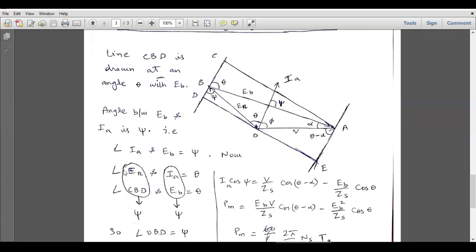Now from this figure we can see that the angle between the reactance voltage and IA is equal to theta. Similarly, the angle between CBD and EB is also equal to theta.